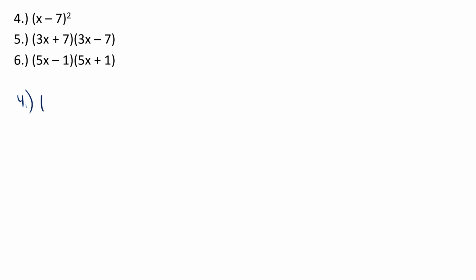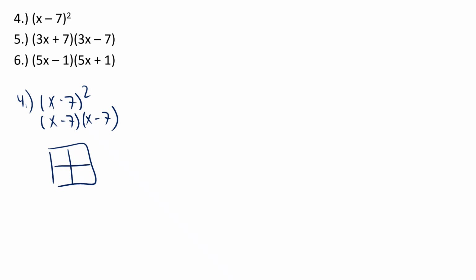All right, the next one has the subtraction. So we'll take a look at the subtraction. And I do strongly recommend that you write that piece of it out, because it'll just remind you that you're not going to try to distribute an exponent in there at all. So we have x minus 7 times x minus 7. So x times x is x squared.